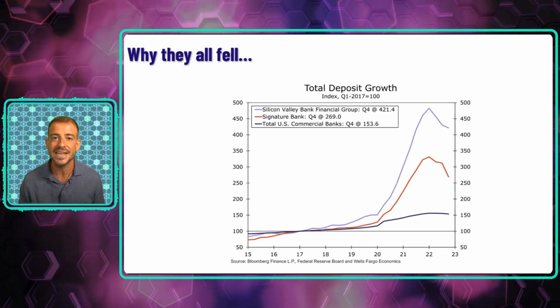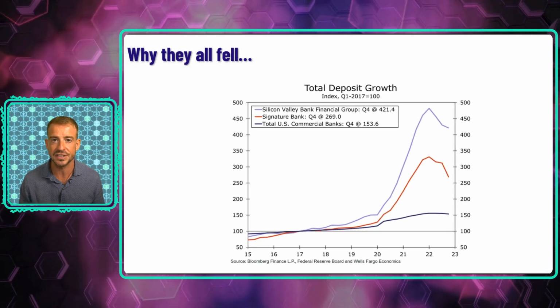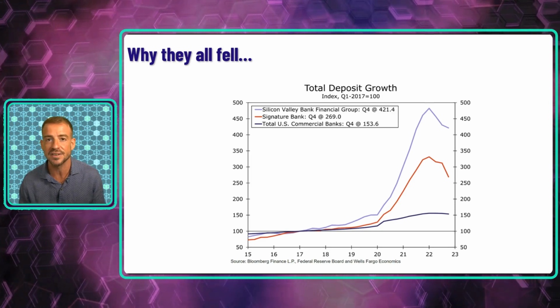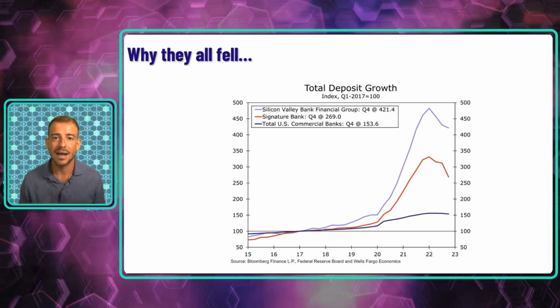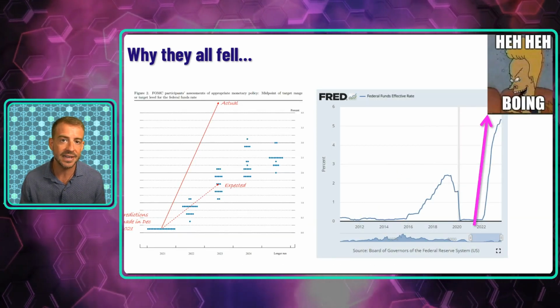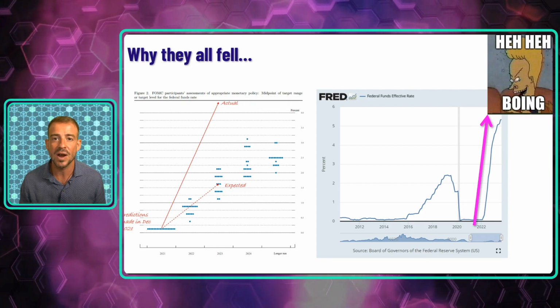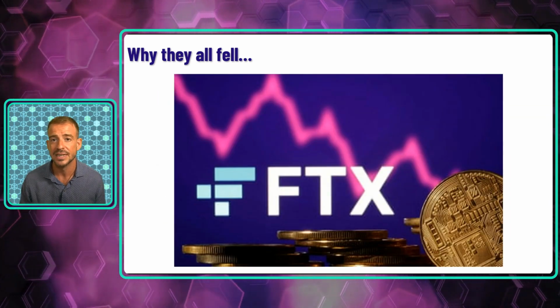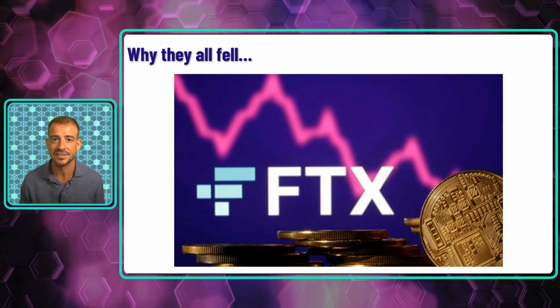They all saw a huge glut of new deposits being made in them during the pandemic from a narrow base of clients in tech. That was then followed by an unprecedented whipsaw turn in interest rates, and where Silvergate and Signature are concerned, they were also directly exposed to FTX's collapse as well.